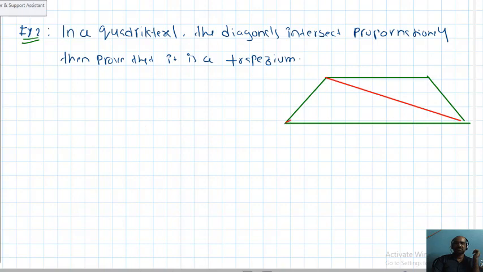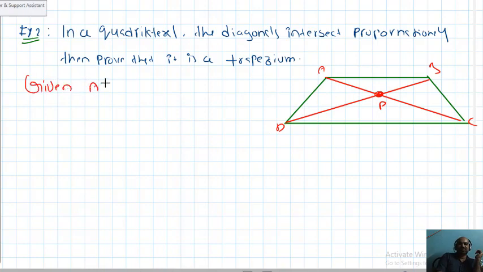This is one diagonal, this is another diagonal. I will name it A, B, C, D is a quadrilateral. Diagonals intersect at P. So given that diagonals intersect proportionally, no? That means AP by PC is equal to PB by PD.